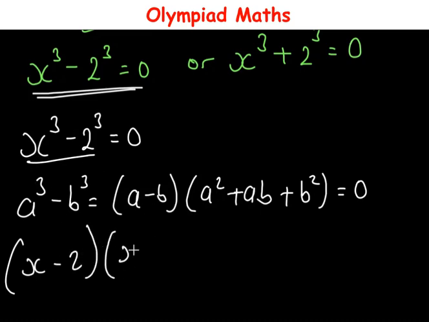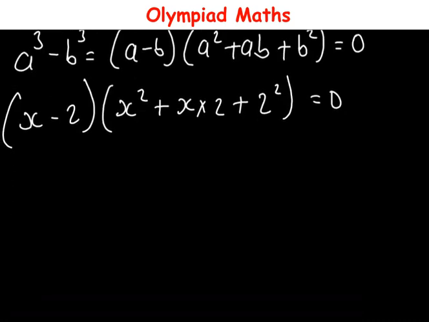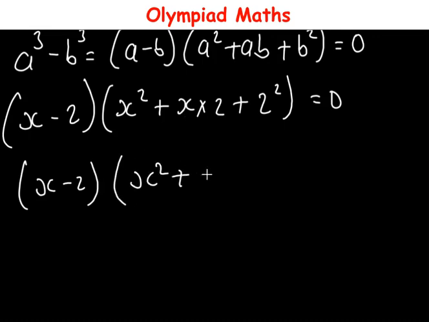A is x, so x squared, plus a is x times b is 2, plus b is 2, so 2 squared, is equal to 0. Now from here, what we have is, in bracket, x minus 2 multiplied by x squared plus x times 2, 2x, plus 2 squared, 4, is equal to 0.